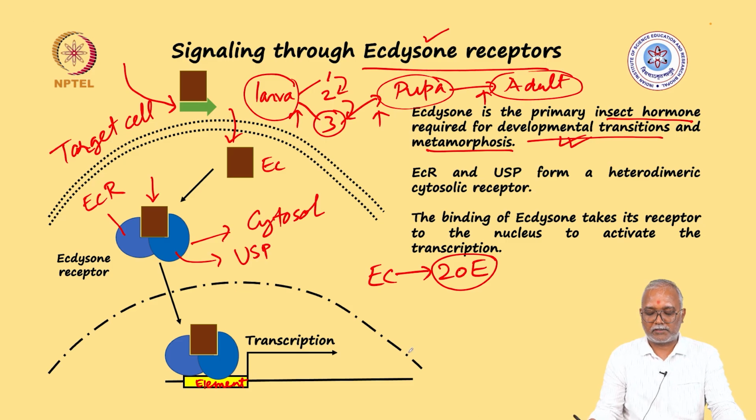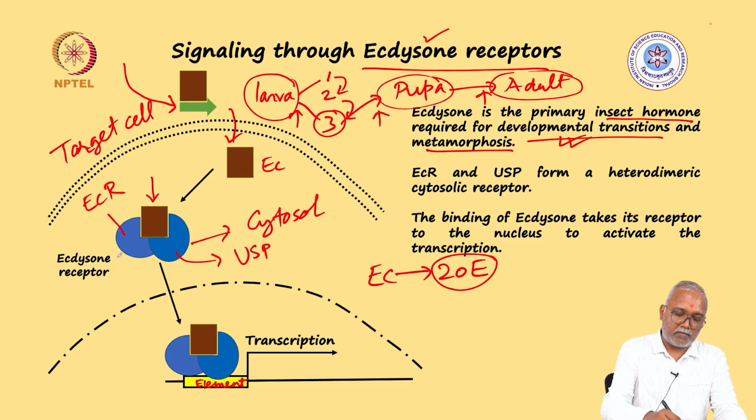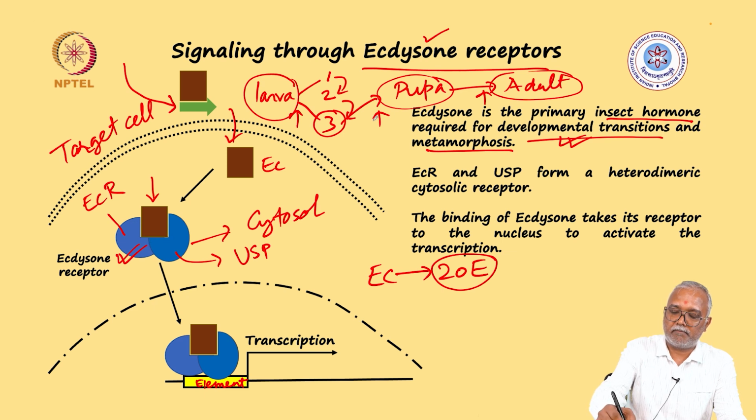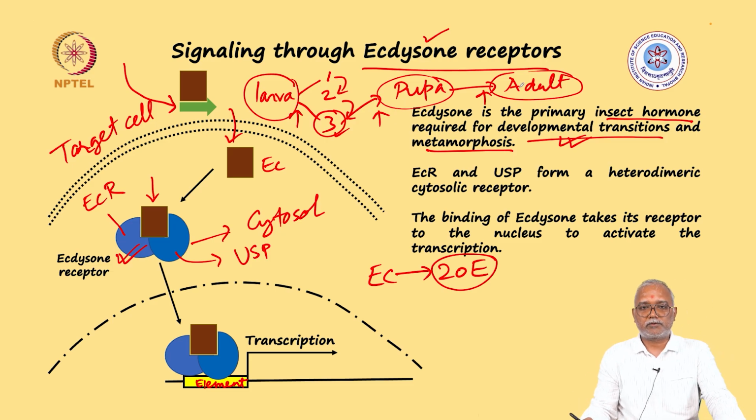Transcription of multiple things. Transcription could be of the genes which will allow the changes, transcription of the genes which will make more ecdysone receptor, or transcription of something which ensures that the larva is now ready to pupate, or the pupa is now ready to undergo this metamorphic change and emerge as an adult.